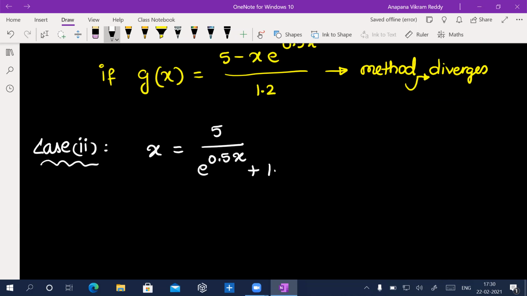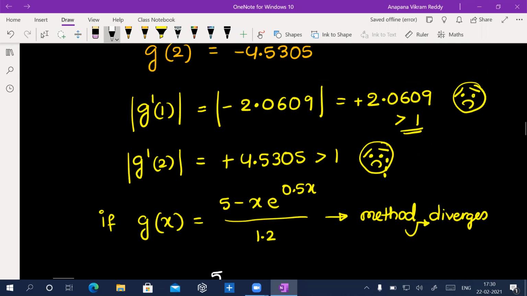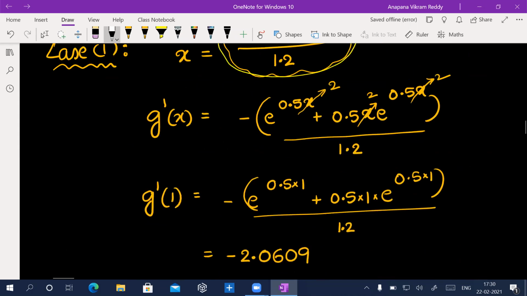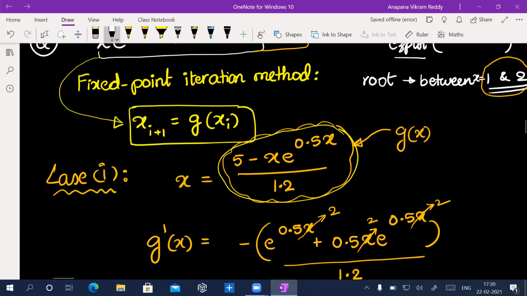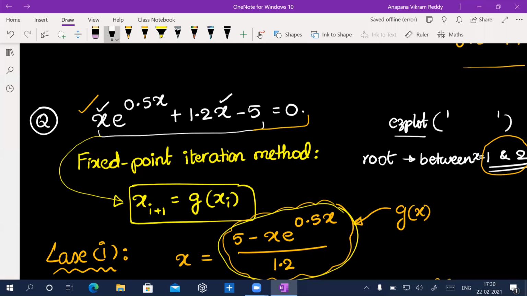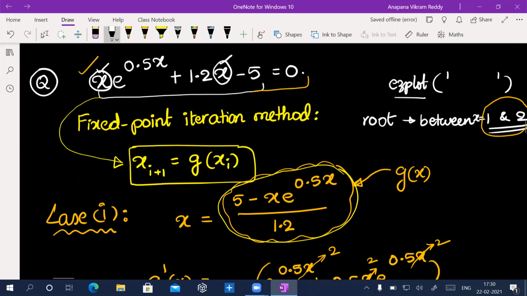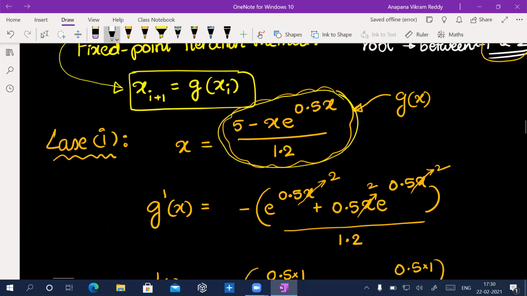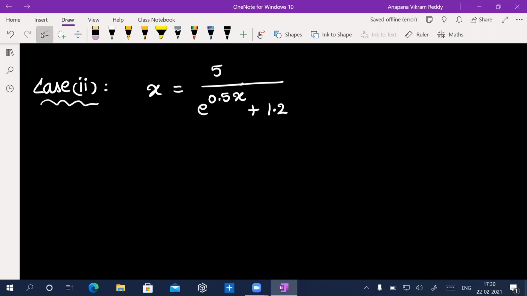Your function is this. What I did now is I took x common from these two terms, and I wrote x is equal to 5 by the remaining. Yes or not? Yes. So we obtain x equal to g of x, 5 by e power 0.5x plus 1.2. Do you agree with this? Yes, sir. Great.